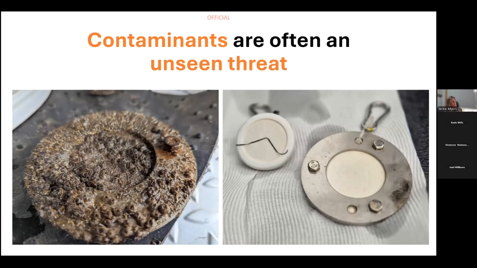In this slide, I've got some examples of our samplers that have been deployed out in the water. At first glance, you might assume that the one on the left that's really heavily biofouled, covered in barnacles, comes from a dirtier or more contaminated site, compared to that really clean looking one on the right.